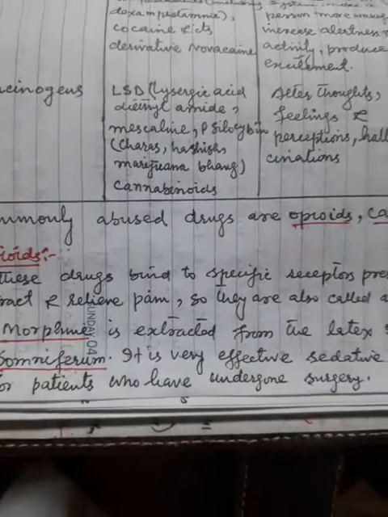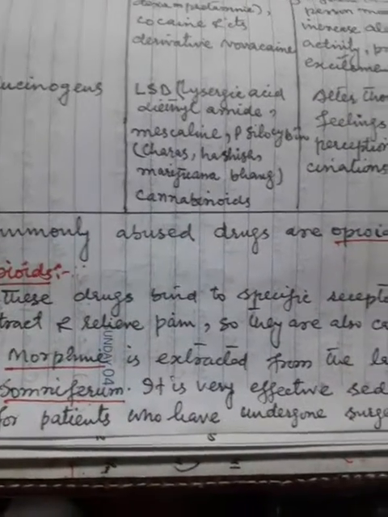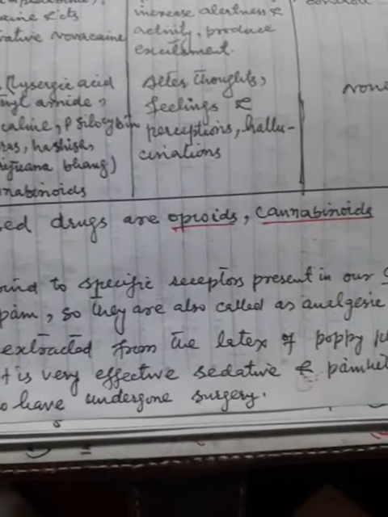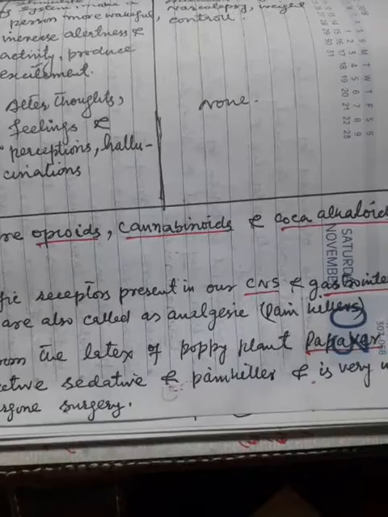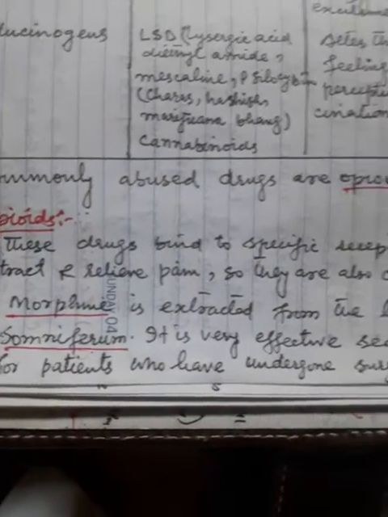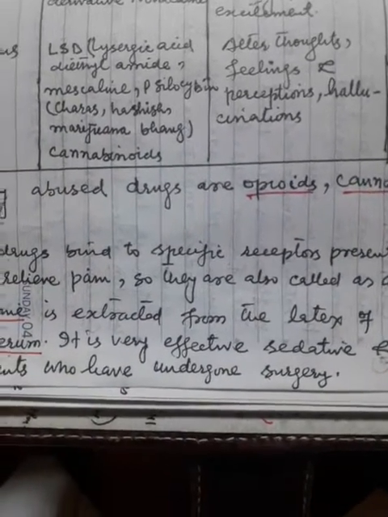Morphine is extracted from the latex of the poppy plant, Papaver somniferum. It is a very effective sedative and painkiller and is very useful for patients who have undergone surgery.